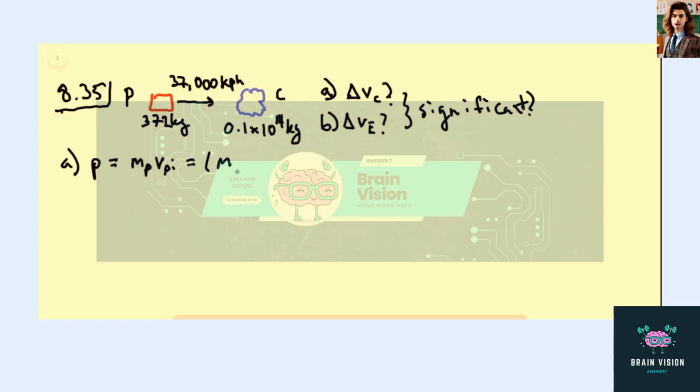The final speed of the comet will be the same as the change in its speed. So this will be the mass of the probe plus the mass of the comet times the final speed of the comet. And so then we just divide both sides by the combined mass.